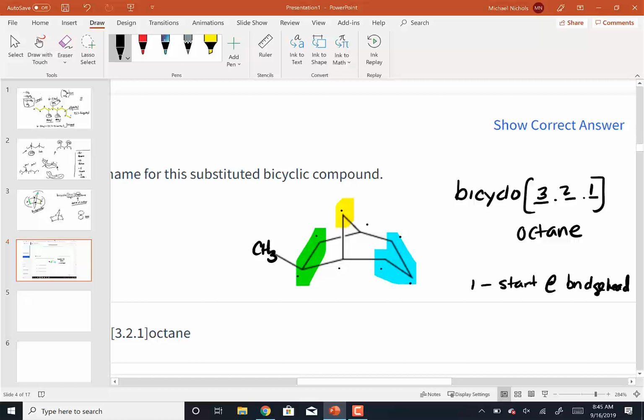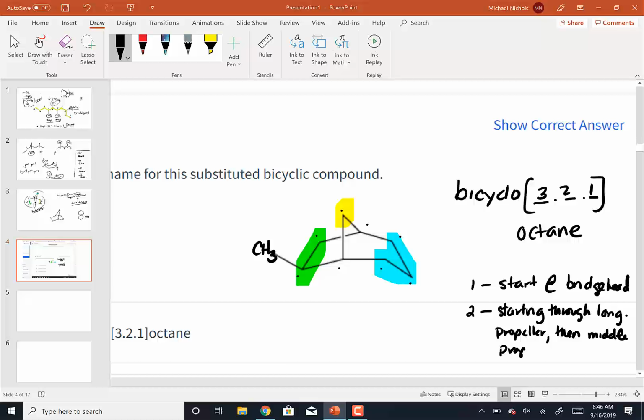Rule number 2 says that whichever one you start with, you have to move continuously through the longest bridge, then the middle bridge, then the smallest bridge.